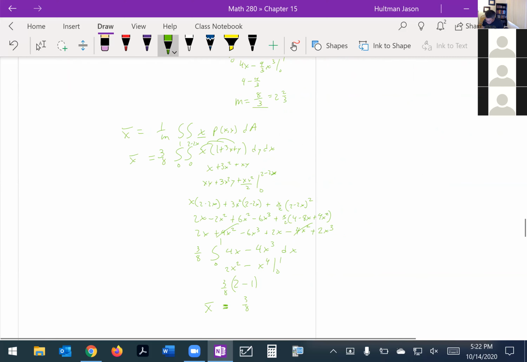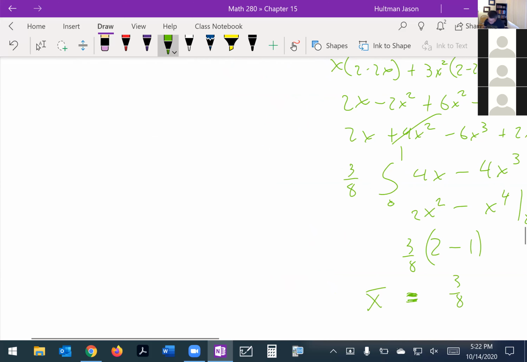Well, let's look back at our original diagram here. So this was at 2, this was at 1.